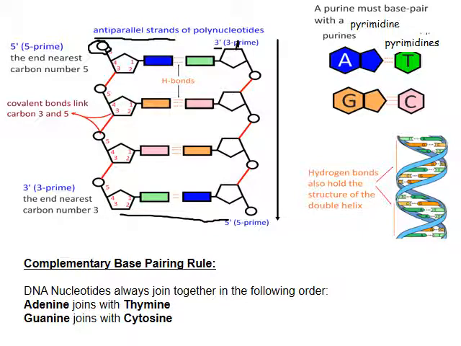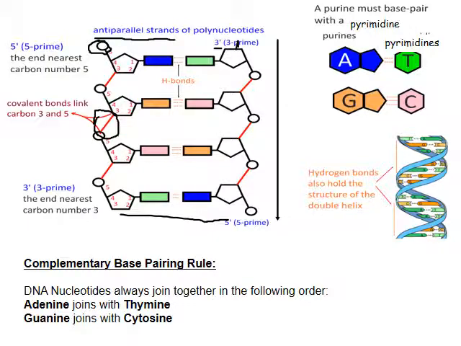And because they're always opposite to one another, if the 5' end is on one strand, then directly opposite that is the 3'. At the other end of the 3' is the 5', opposite that would be the 3'. The other thing this diagram is showing you is just emphasizing that those bonds between the sugars and the phosphates are covalent bonds.